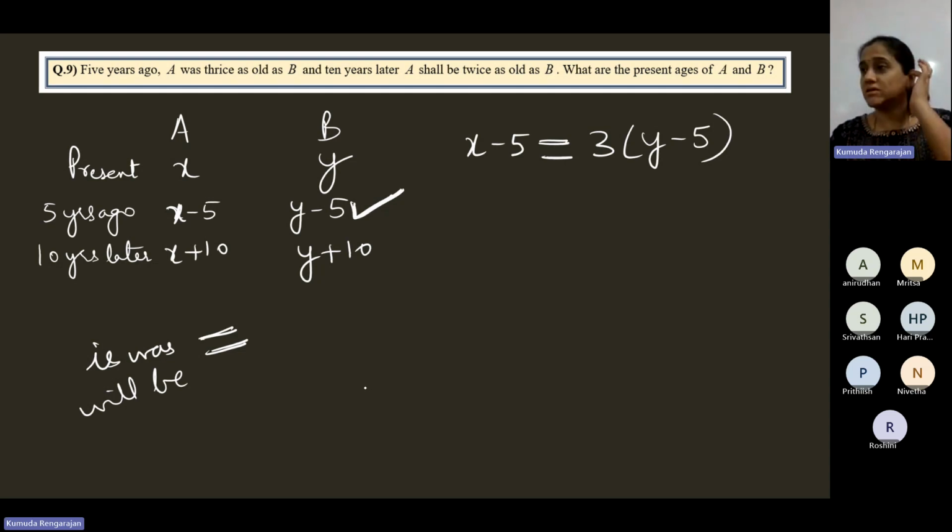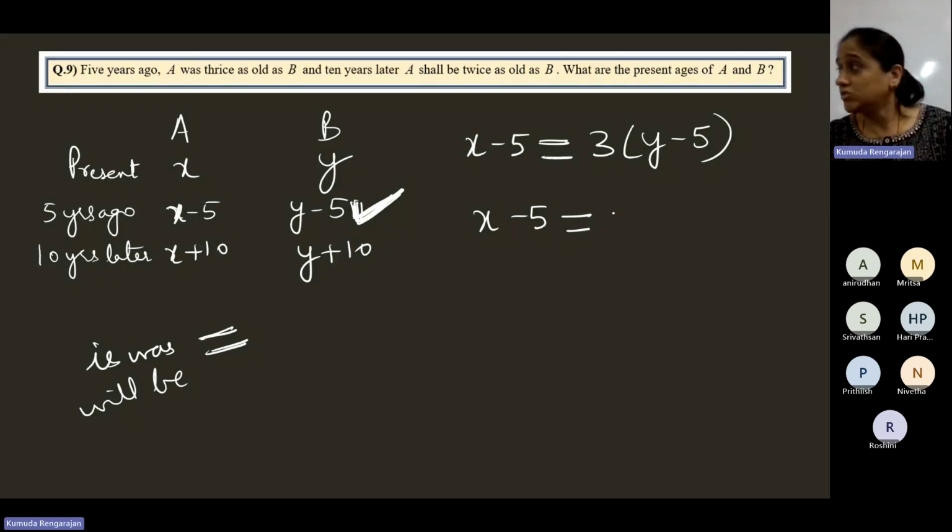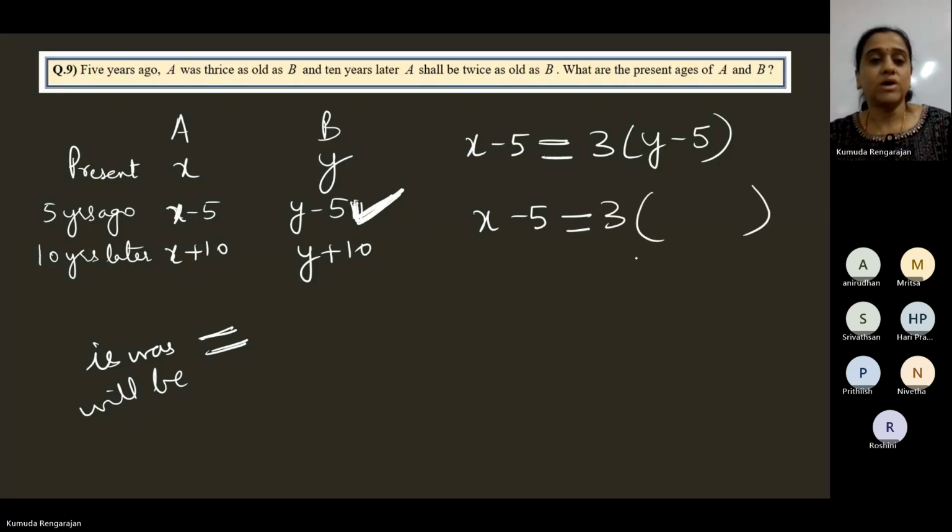So replace everything with the corresponding mathematical expression or the equality sign, number, whatever. So again, 5 years ago: A was thrice as old as B, so X minus 5 equals 3 into Y minus 5.